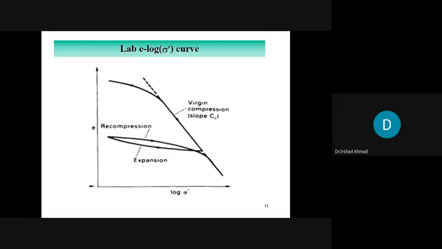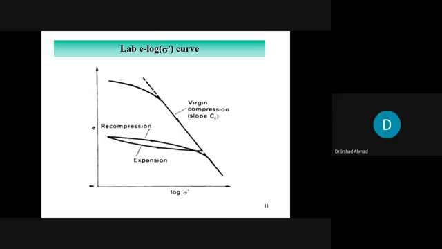But once it reaches the highest stress level, it would be a straight line, because this straight line here has not been subject to a maximum pressure. This is the maximum pressure, right? So it is a linear line.